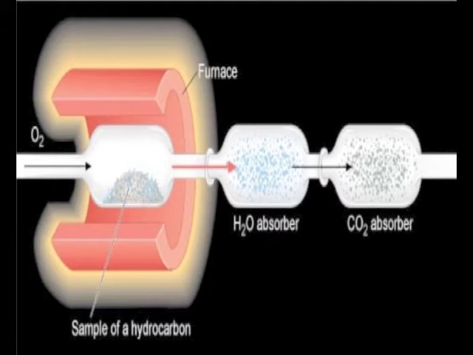So you put your weighed amount of your sample in the far left chamber, you heat it up, you run extra oxygen into it, and then all of the water and all of the CO2 that's made during the combustion is caught by those two little chambers on the right hand side. One grabs the water, one grabs the CO2. And the change in mass will tell you how much each of those grabbed. So you have a quantitative amount of water and carbon dioxide that you grab.